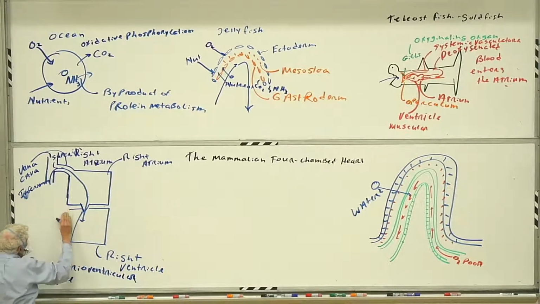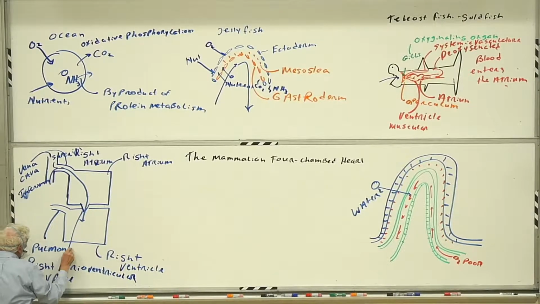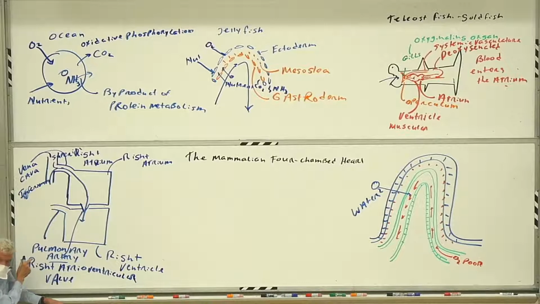Then there's one path out from the right ventricle. And this path out is the pulmonary artery. There's convention for this, and it's worthwhile holding on to. The convention says that an artery carries blood away from the heart.